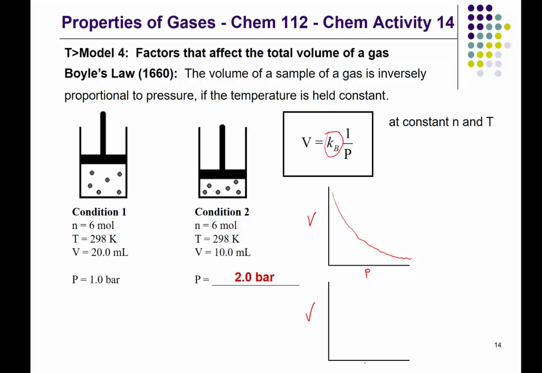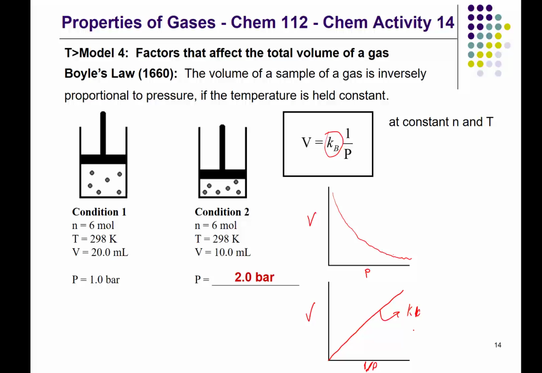However, if down here we plot 1 over pressure, a different sort of relationship will be seen, in the sense that we would expect that volume is, in a sense, directly proportional to 1 over the pressure. And the slope of this line would equal KB.